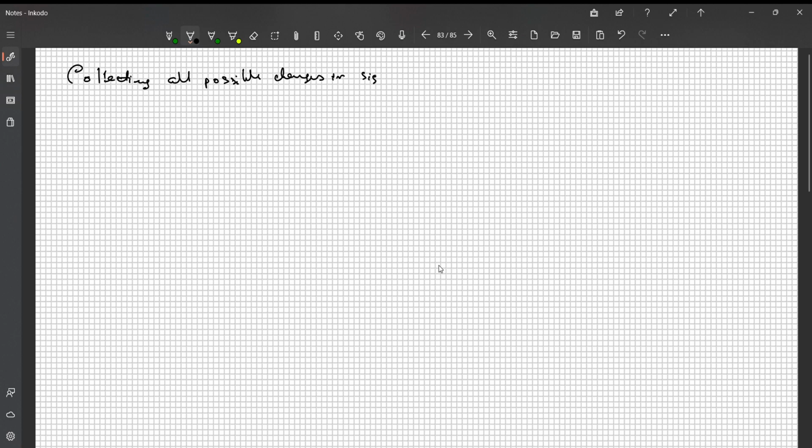Okay. So if I collect all possible changes in sign from delta to sigma delta, it's obvious that sigma delta is nothing but plus minus delta.